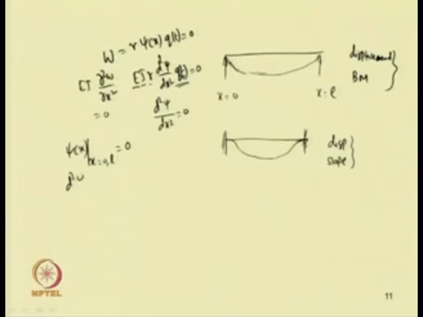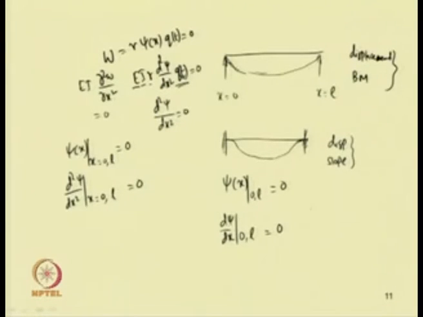Similarly, d square psi by dx square at x equal to 0 and L will be equal to 0. This is for the simply supported beam. In case of the fixed beam, one has both displacement and slope equal to 0. So, psi x at 0 and L equals 0. Similarly, d psi by dx, which corresponds to the slope, at x equal to L will be equal to 0.